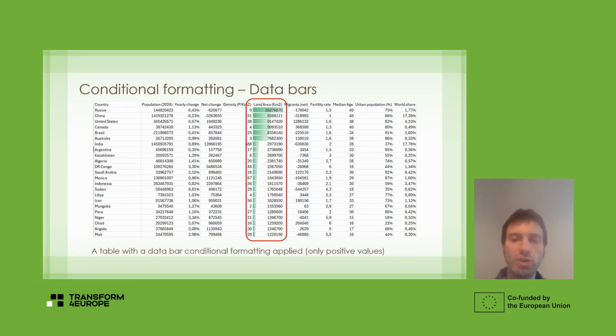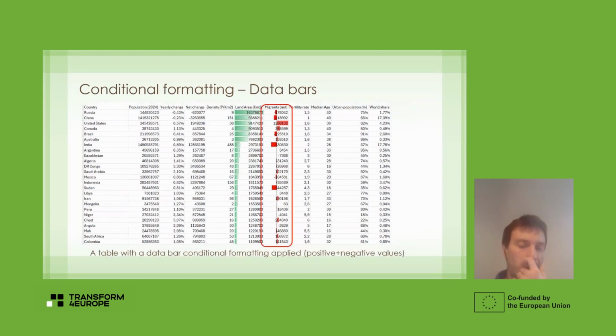So this is what happens when your cell only includes positive values. An interesting thing to know is that if you apply this kind of conditional formatting with data bars to another column that might include both positive and negative values, the way the data looks is going to be slightly different. And here you can see it. In this case, we have another column, which includes the net number of migrants.